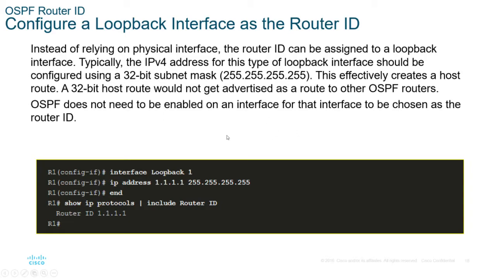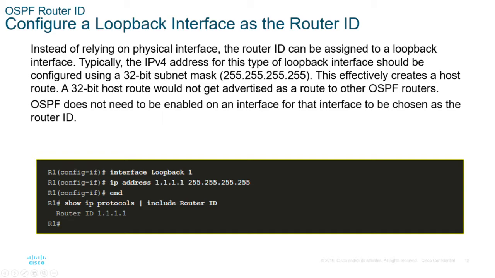We've talked about this. Remember, our router ID is a 32-bit number, so it's just an IPv4 address. So you can pick anywhere from 1.1.1.1 all the way up to all 255s. I recommend not using that.